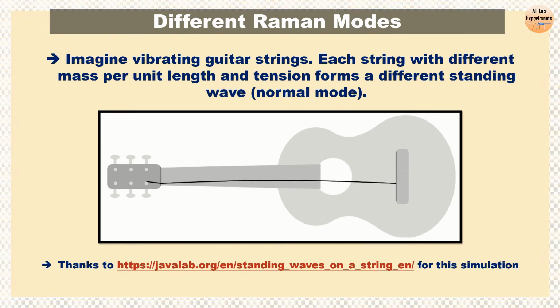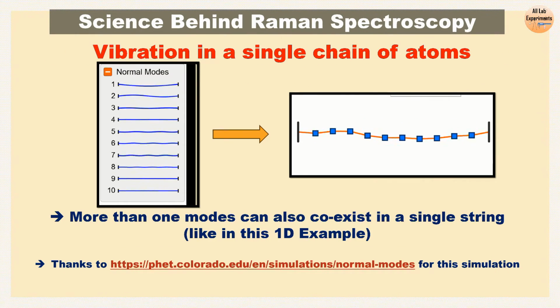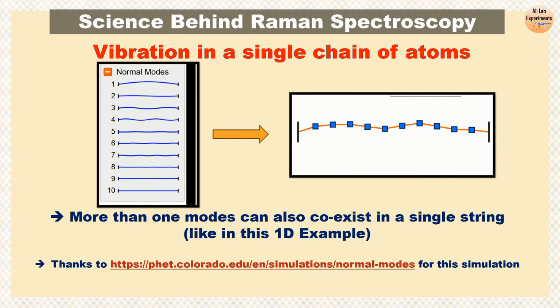In the case of a guitar string, every string is oscillating at its own normal mode. So we can see that there are standing waves in each case. And we should also add this point to our knowledge, that a single chain of atoms can vibrate with different normal modes simultaneously. So it means all these normal modes are carried by a single chain of atoms simultaneously.